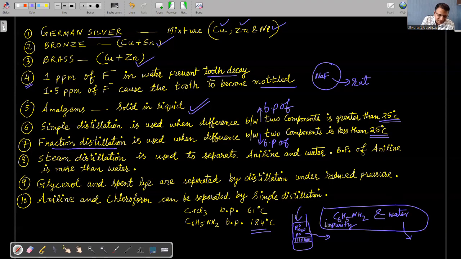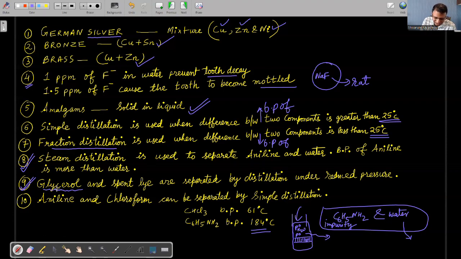So this is already asked in JEE Mains. Steam distillation is given in NCERT, water and aniline, they are separated by steam distillation. Then soap industry, this is also asked in JEE Mains, and it is also given in NCERT. Glycerol, because of the OH group, there is hydrogen bonding, so its boiling point is very high.